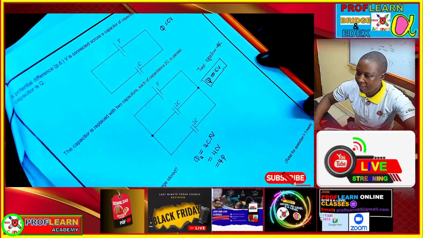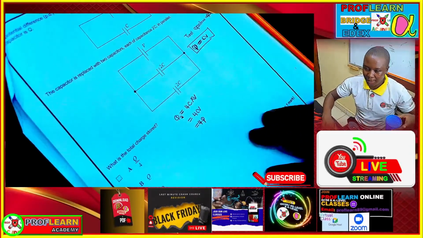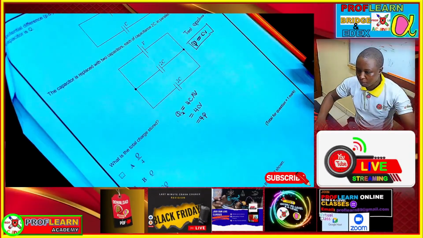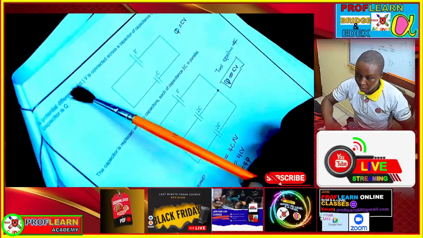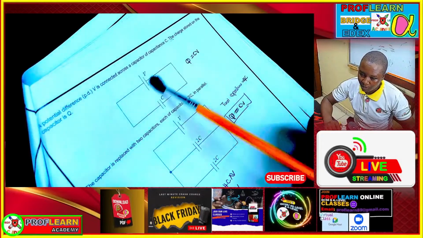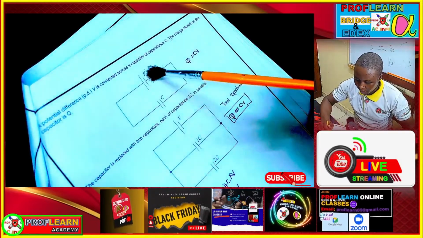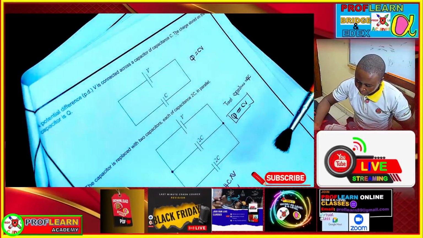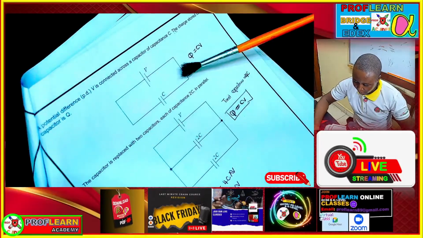We're told that the potential difference across a capacitor of capacitance C is V, and the charge stored is Q. So we have voltage V and C, and the charge stored is CV, right? Then the capacitor is replaced with two capacitors, each of capacitance 2C.